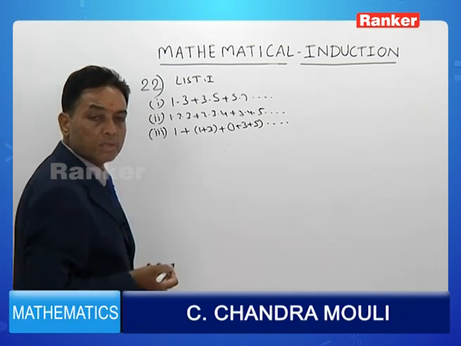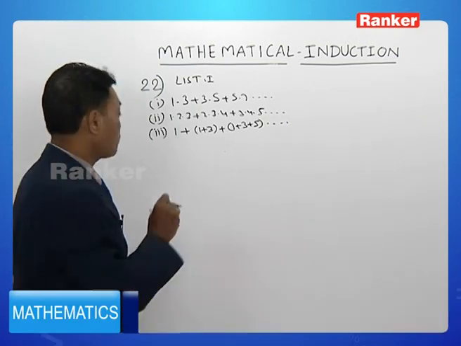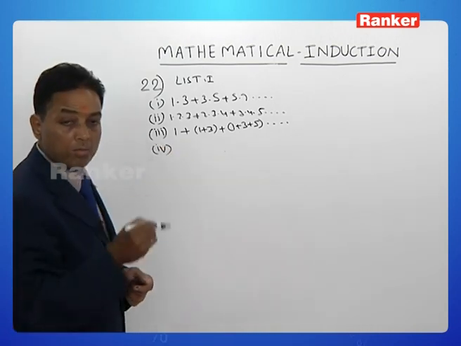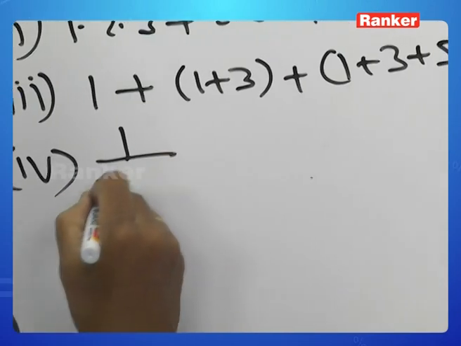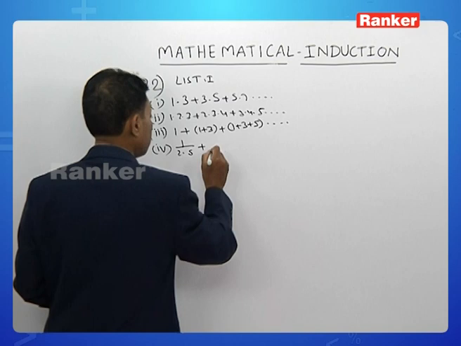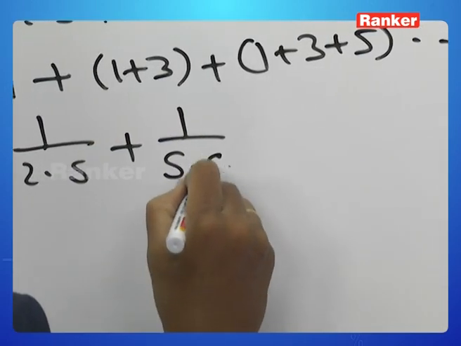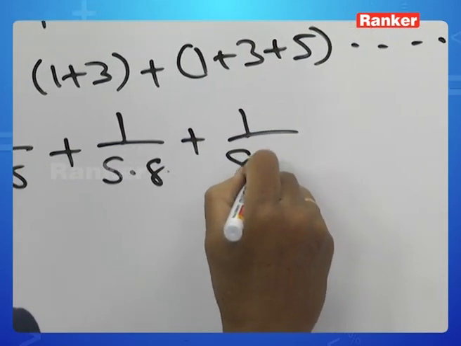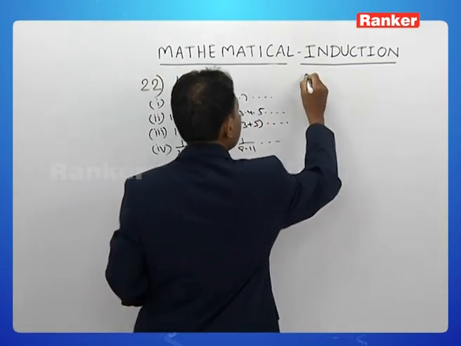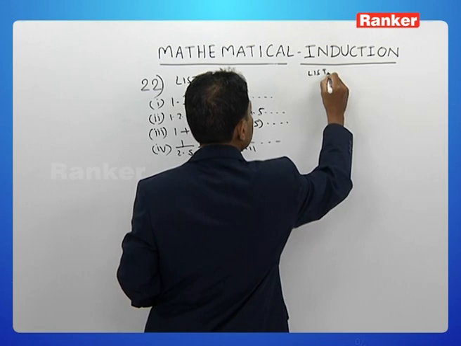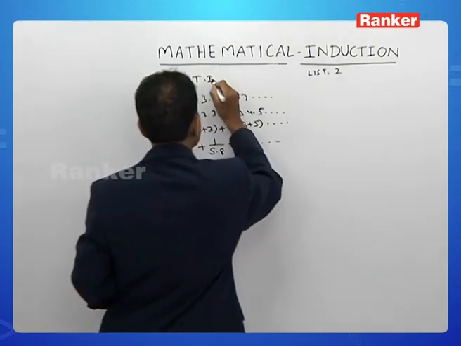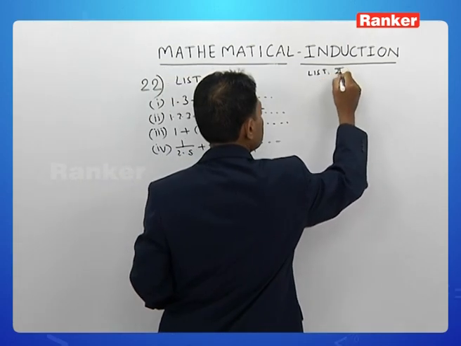Now the fourth one is 1 by 2 into 5 plus 1 by 5 into 8 plus 1 by 8 into 11, and so on. And we have to join with list 2. Under list 2, the formulas are given. This is list 1 and this is list 2.